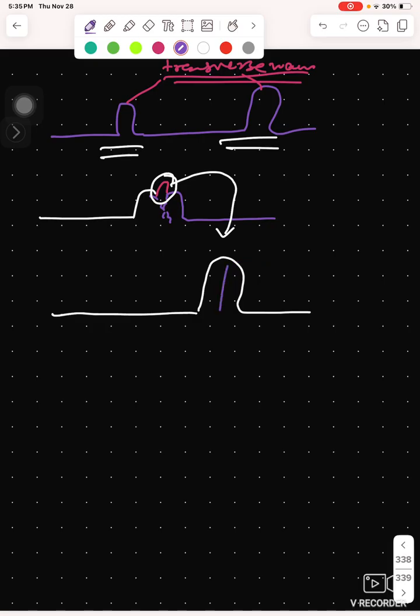Amplitude will increase. So what we notice is that, if this is B and this is A, then this wave is A plus B. We are combining them, adding them together to get a bigger wave.